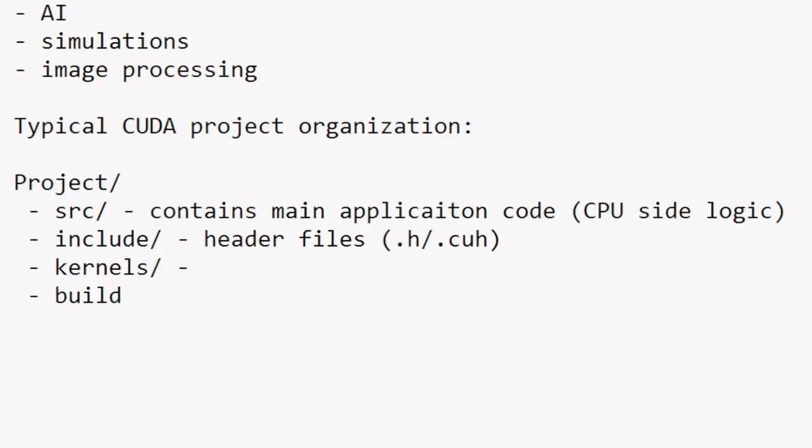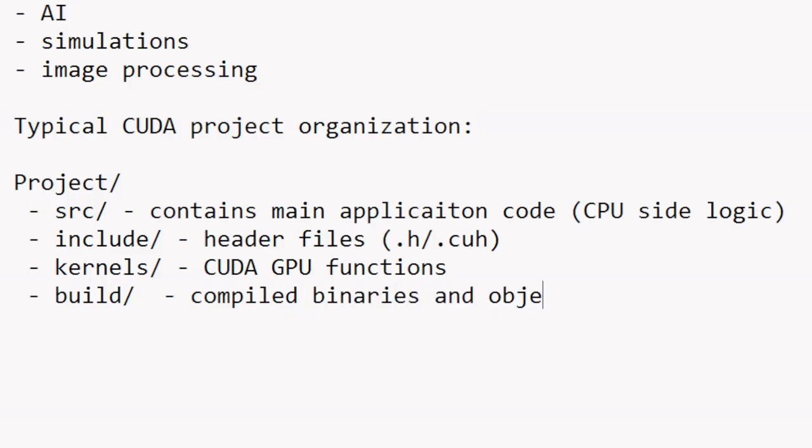This folder contains CUDA GPU functions, and compiled binary or object files in the build. So this structure helps separate CPU logic from GPU logic, which is very important in large projects.